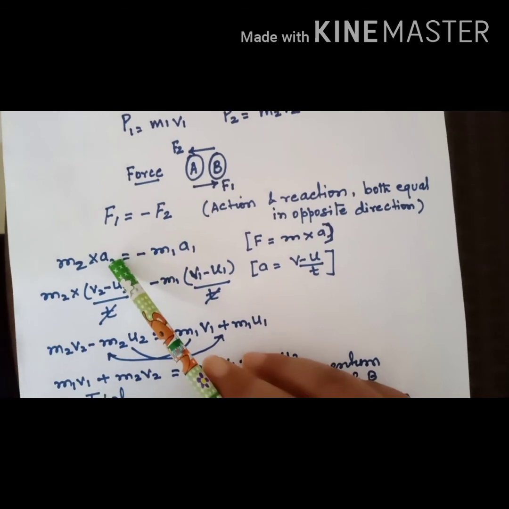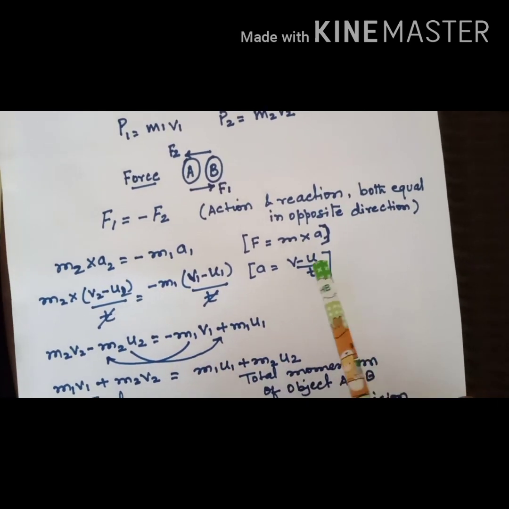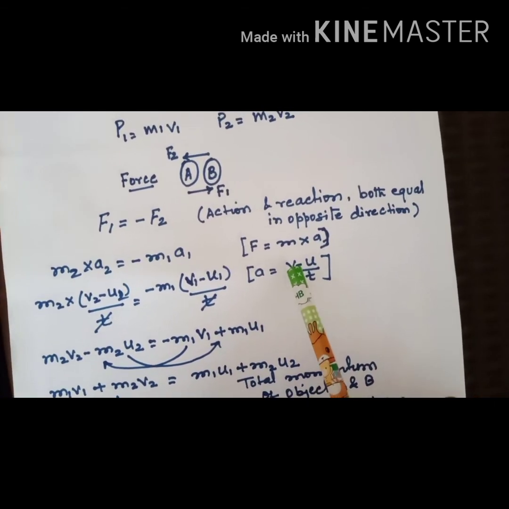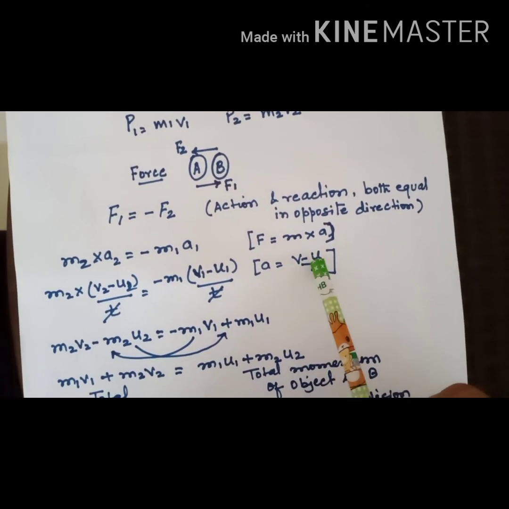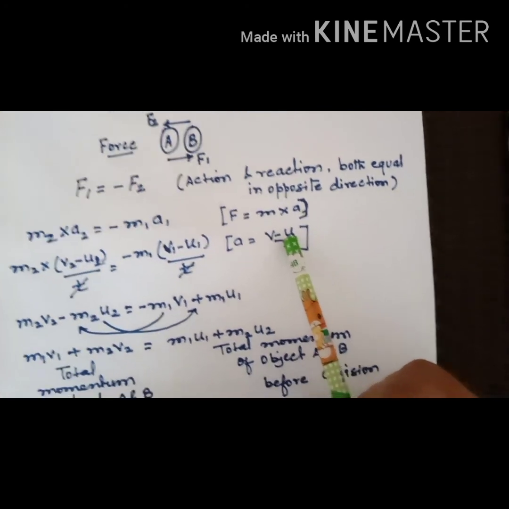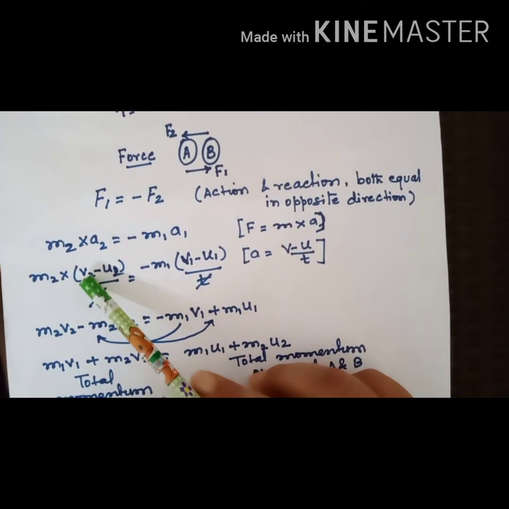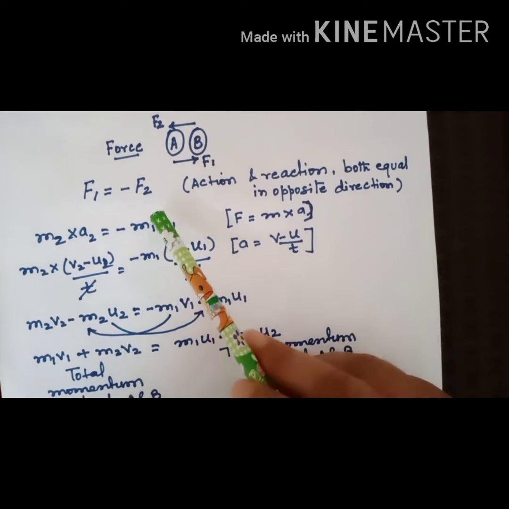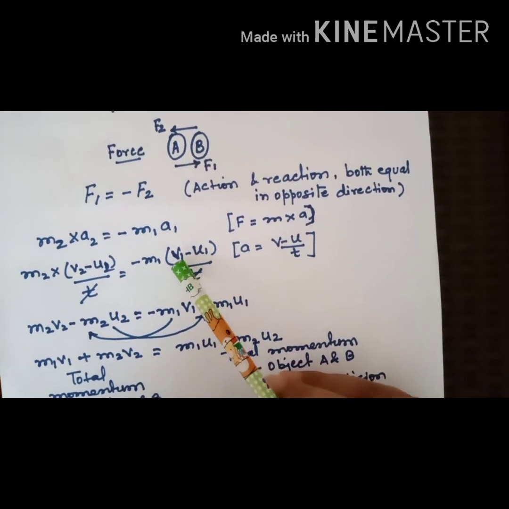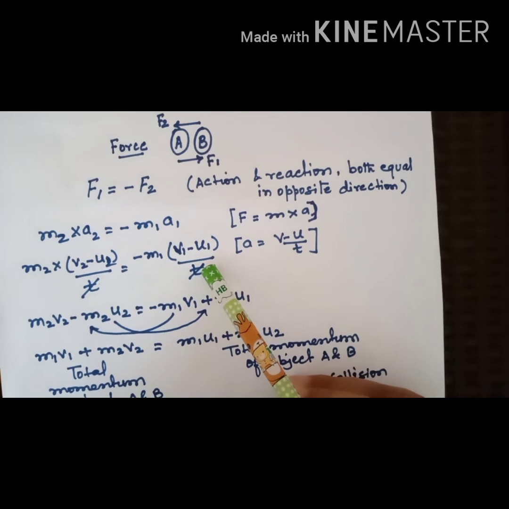Now in place of a, we know that acceleration is equal to v minus u upon t. So you have to mention it for the first object and the second object. So here I have mentioned v2 minus u2 upon t. Similarly for the first object, v1 minus u1 upon t.